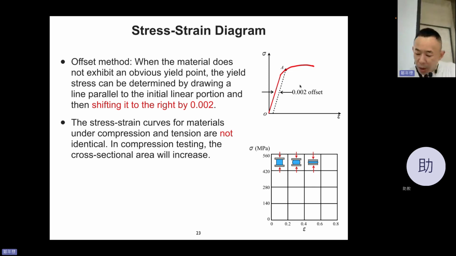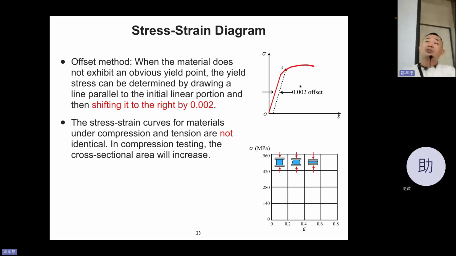So typically we use the shifting method, also called the offset method. You always have the linear elastic region, and you shift that slope by 0.002. Don't ask me why 0.002.